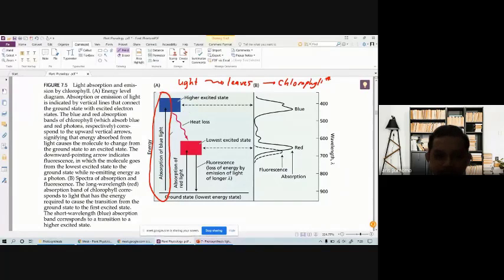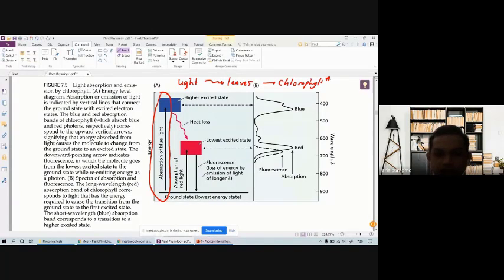The energy contained in chlorophyll decreases by heat loss. The energy itself will produce heat, and it is lost from the chlorophyll to the surrounding environment.